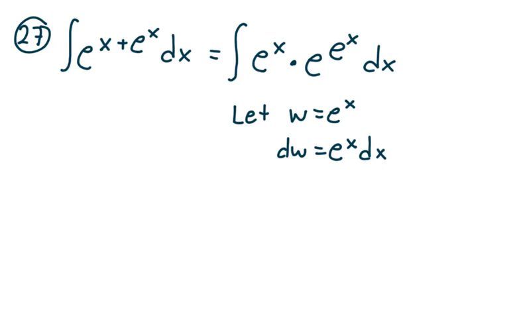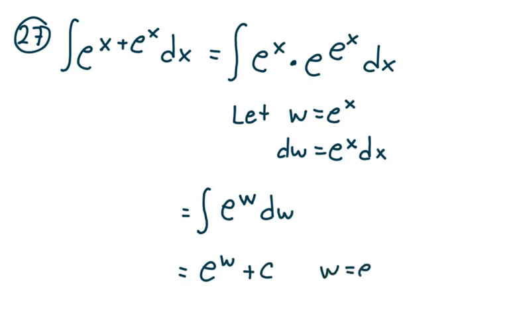So this is equal to the integral of e to the w dw. But this is e to the w plus c. But remember that w is e to the x.